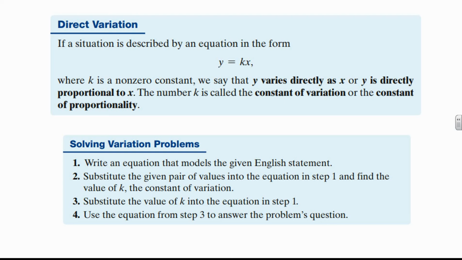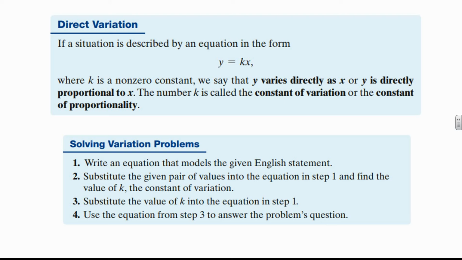So anyway, the steps. It says write an equation that models the given English statement. So when you see y varies directly as x, understand that here y and x are just generic terms. This y can be whatever the problem says.